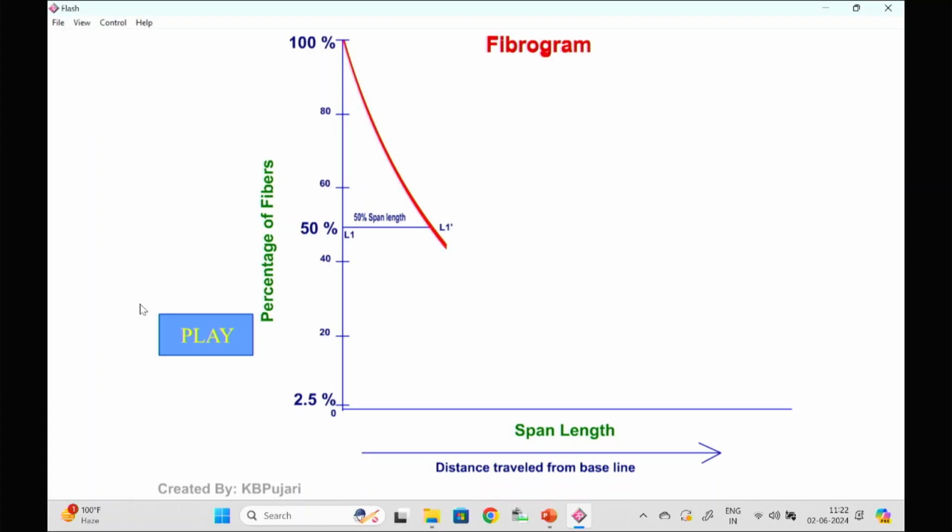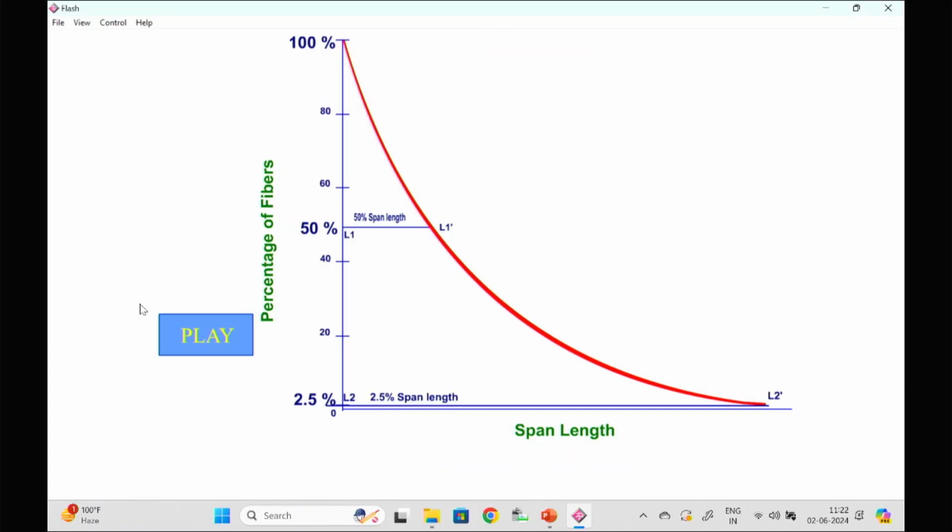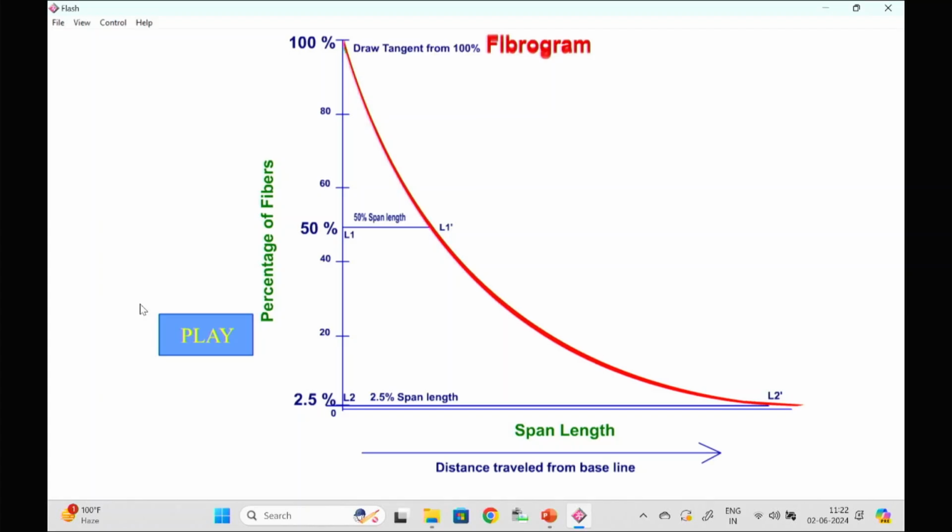By scanning, we get the length L1 dash, which is the 50% span length as we have mentioned, and then the 2.5% span length we get here. So from the 2.5% and 50% span lengths, we can calculate the uniformity ratio. Okay, so L2 dash is the 2.5% span length.